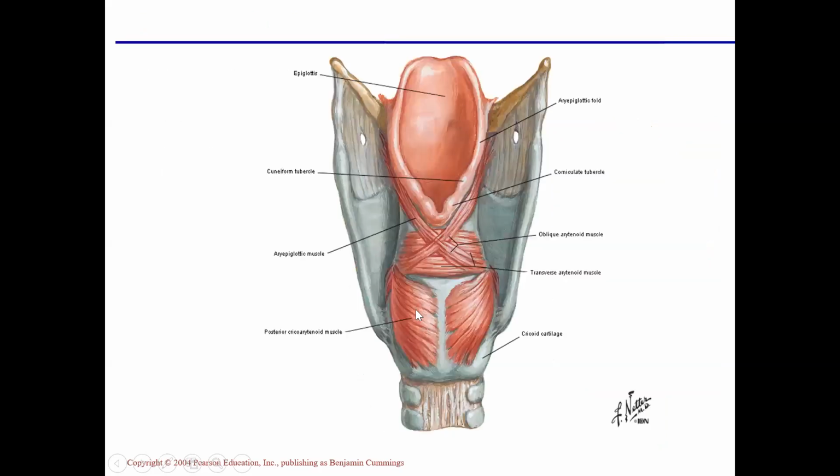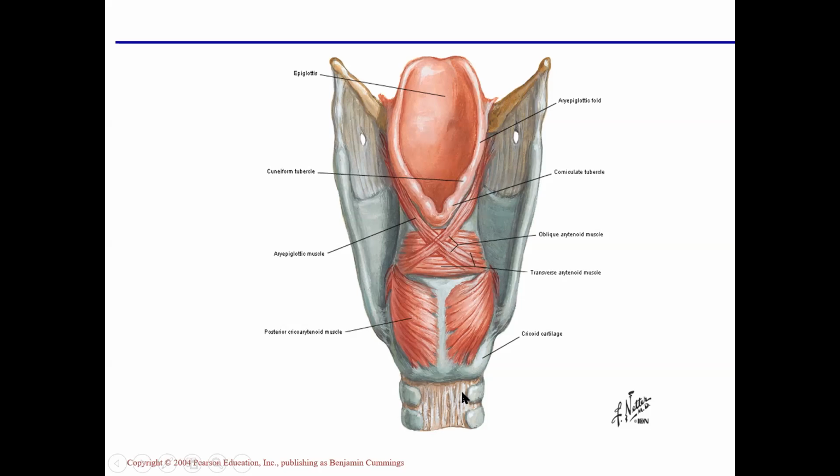So one more time, this one is posterior cricoarytenoid muscle, transverse arytenoid muscle, oblique arytenoid muscle, and this part is the posterior side of the trachea. See this cartilage here?